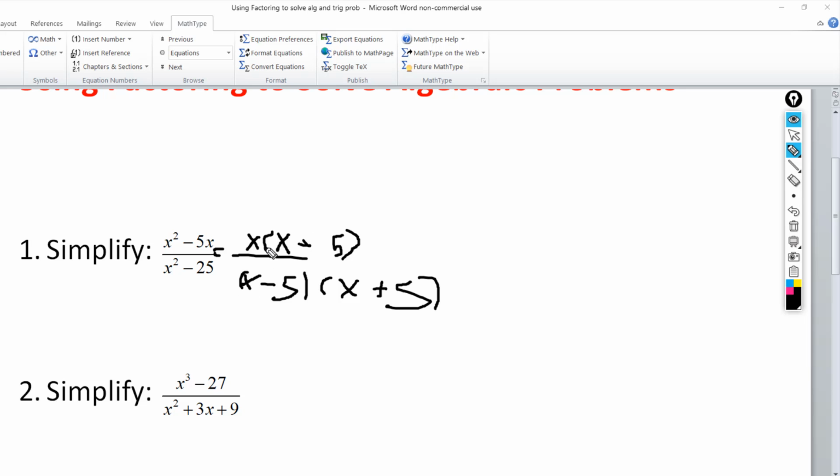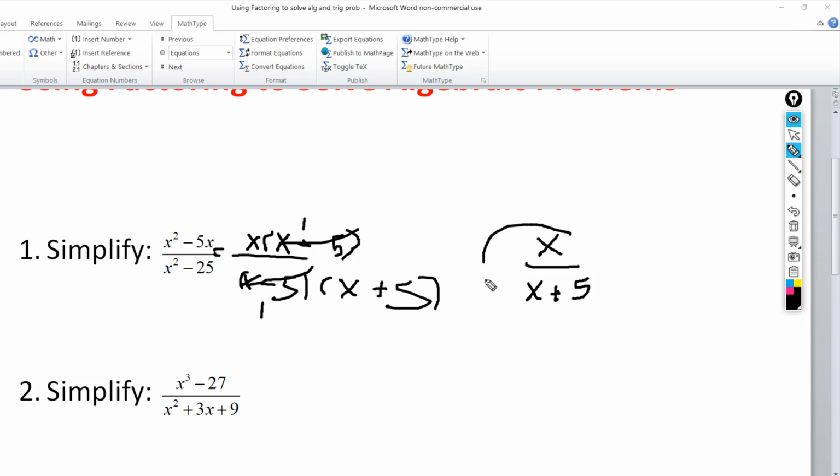So notice the numerator has a factor of x minus 5, so this divides out with this one. Those become 1s. So x times 1 is x on top, and the bottom I just have 1 times x plus 5. So the reduced form is x over x plus 5.